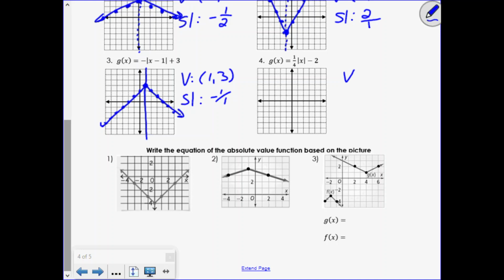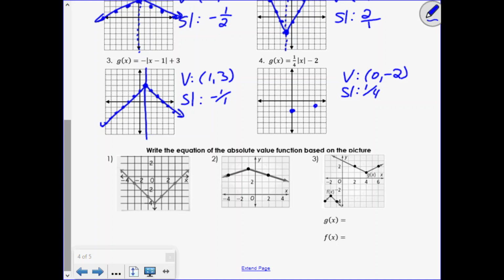Alright, what's the vertex? 0, -2. Remember the number on the end does stay the same sign. Slope? 1/4. So you're going to go to your vertex, and then you go up 1, and then over 1, 2, 3, 4.